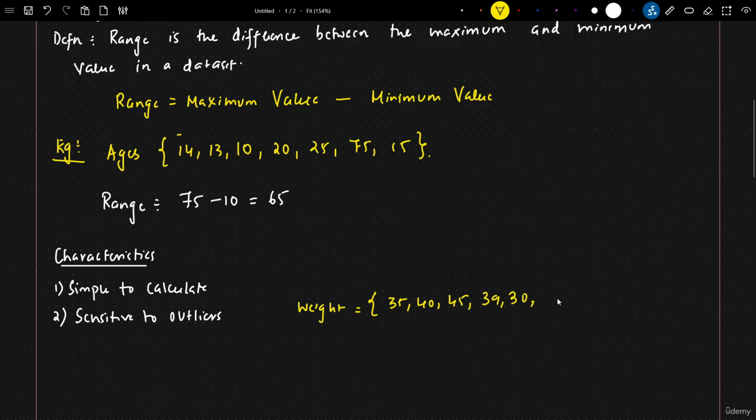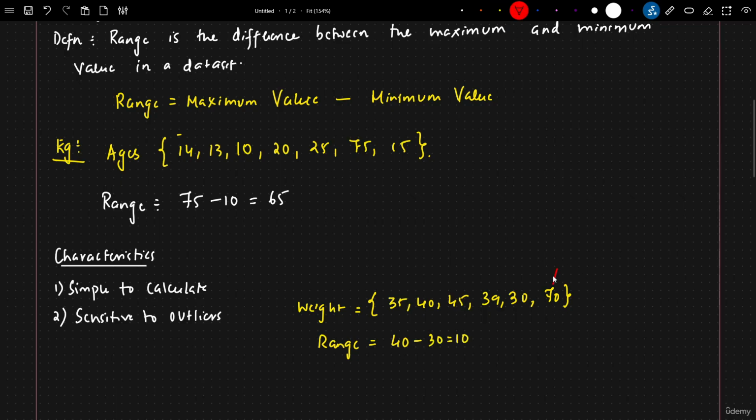If I just remove the outlier, the range is 40 minus 30, hardly 10.